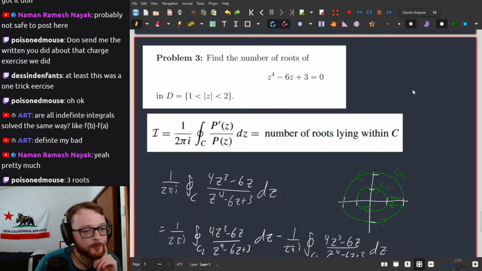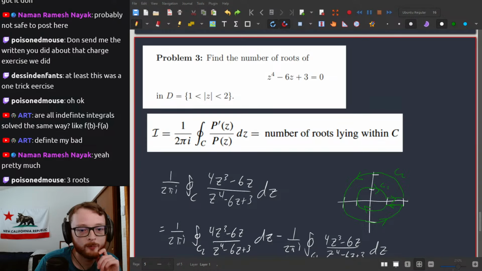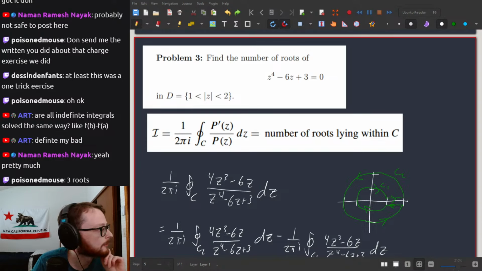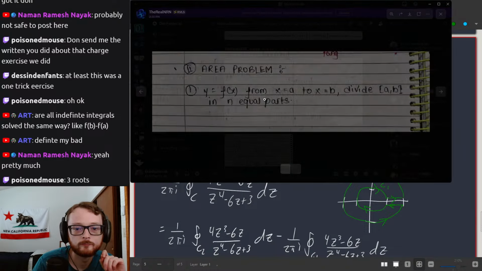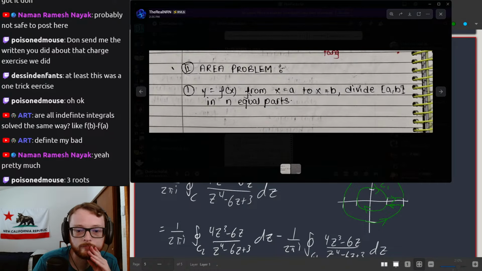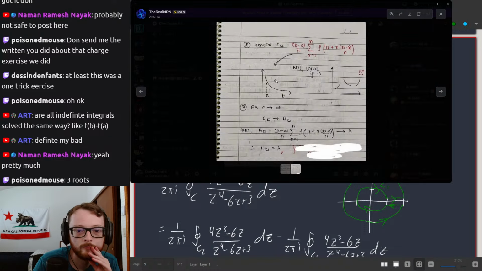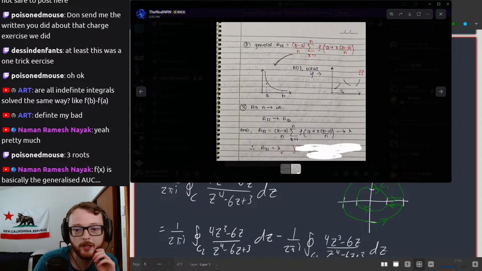Let me look through what Naman posted, because I don't want to spend too long on one problem here. Riemann sum. If it's piecewise, the same thing still applies. Yeah, integrals actually play pretty nicely with piecewise functions like that.